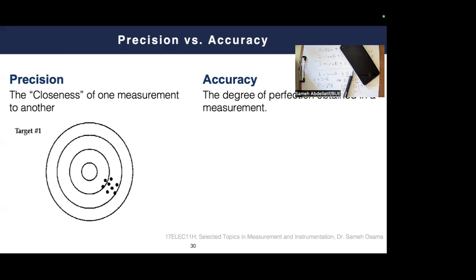Sometimes it gives me 500 grams, sometimes it gives me 499, sometimes 501, and so on. So it seems like all measurements are very close to each other. So this is a precise measurement process.